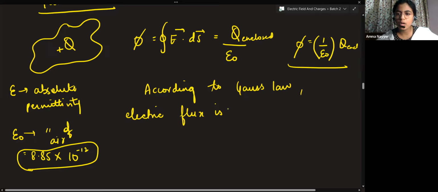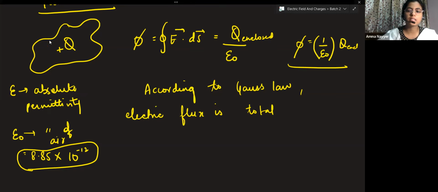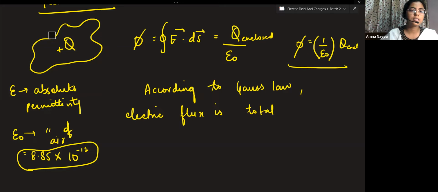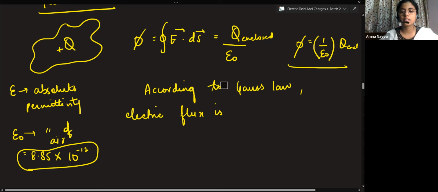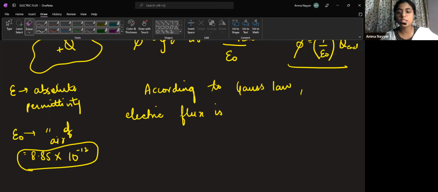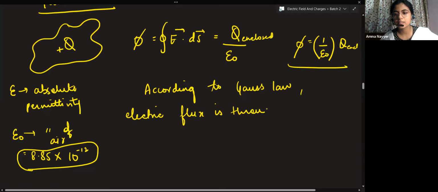The total electric flux through a closed surface.